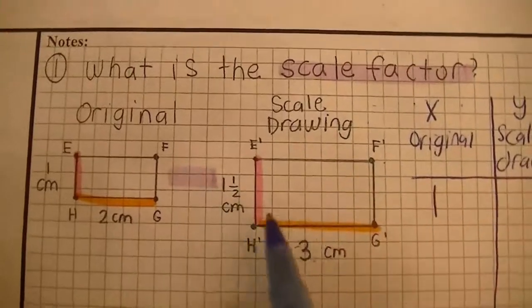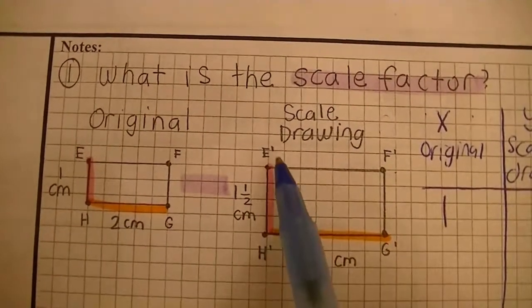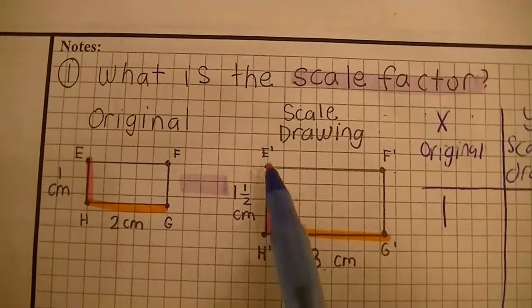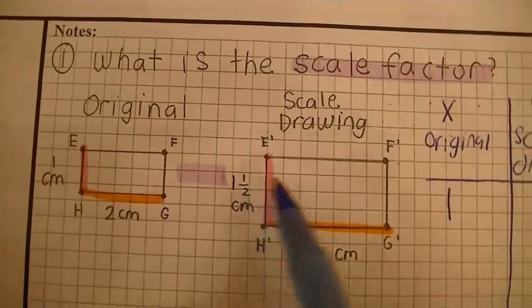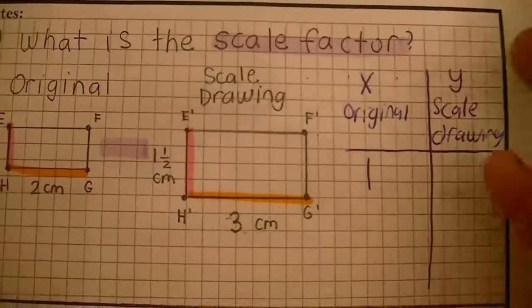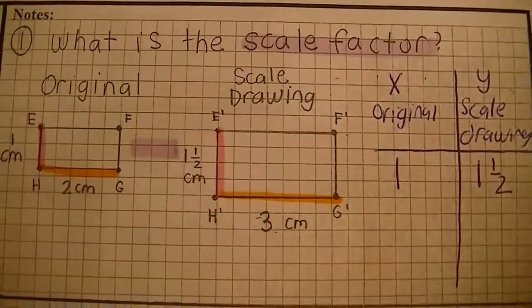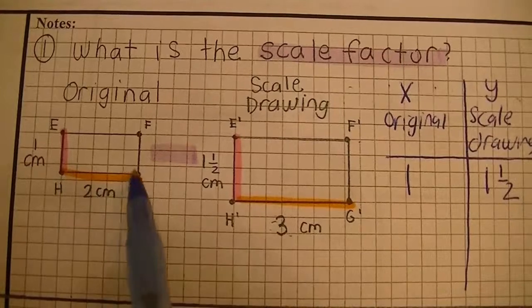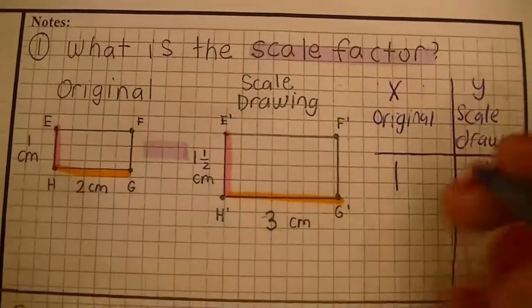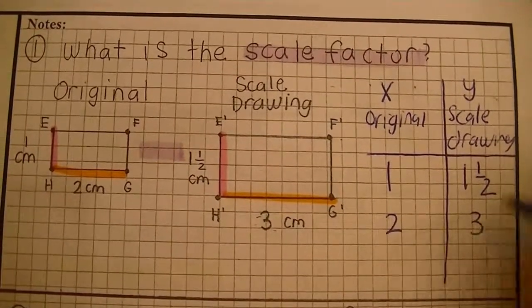And in the scale drawing, the side length E prime, H prime, that corresponds to that 1 centimeter is 1.5 centimeters. So I'm going to write that in the scale drawing part. Okay? And since I have other values represented within the figures, I'm going to go ahead and put them also in there. So 2 centimeters corresponds to that 3 centimeter side length in the scale.